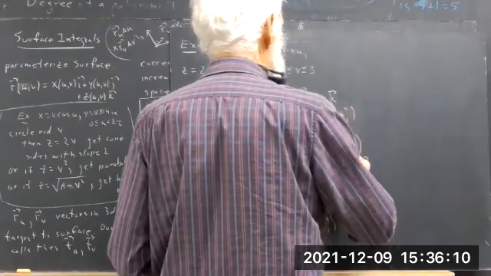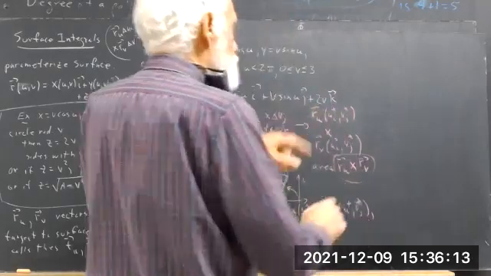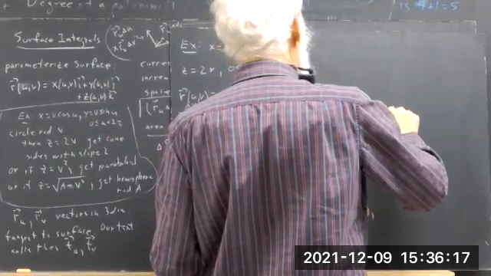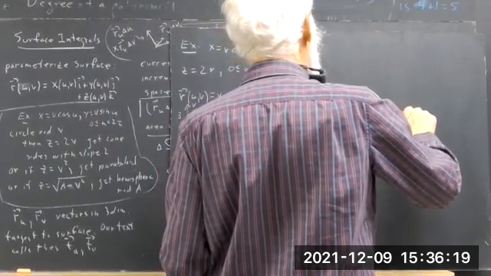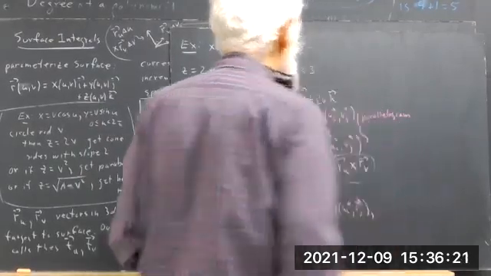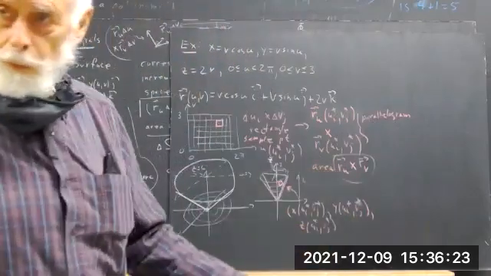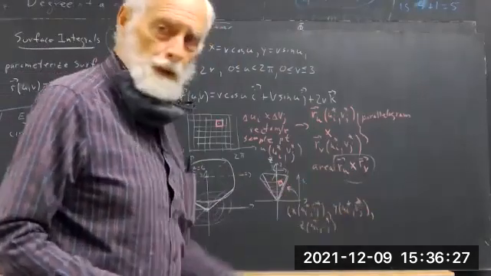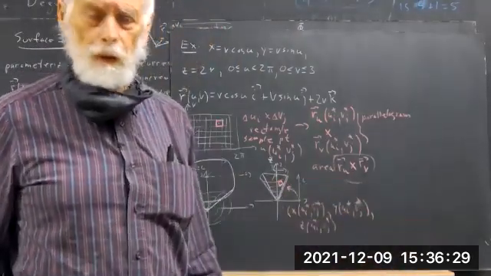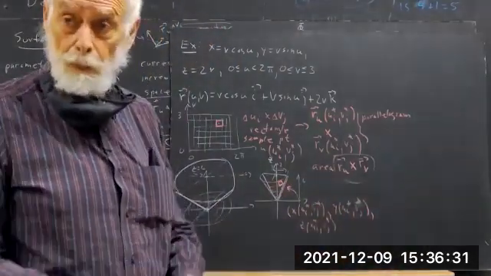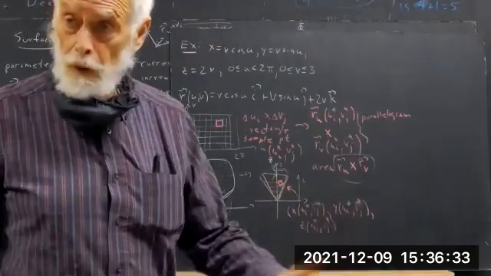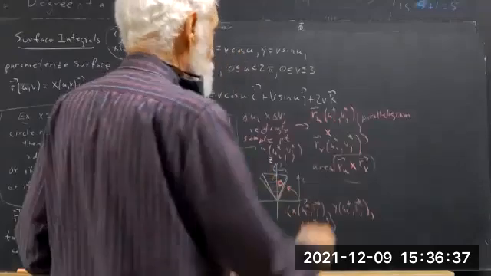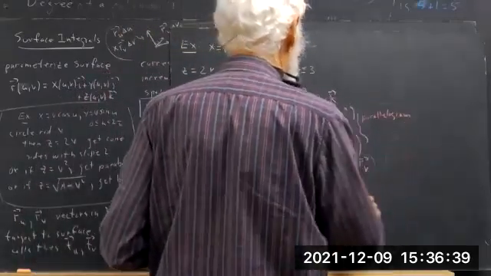The area, okay, this is a parallelogram. The area of the parallelogram is the magnitude of the cross product of the two vectors that define it. And you should go back to when we first studied cross product and make sure you understand the area of a parallelogram, the triple product, the volume of a parallelepiped, and so forth. I'm not going to go over all the details of that.